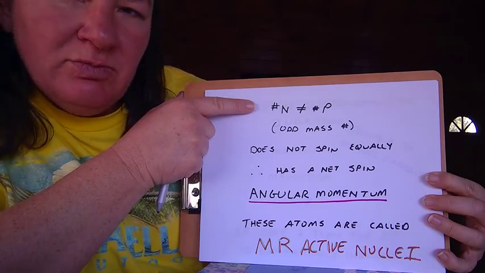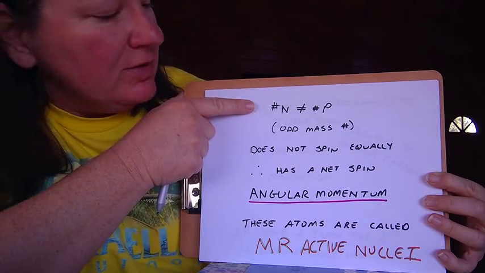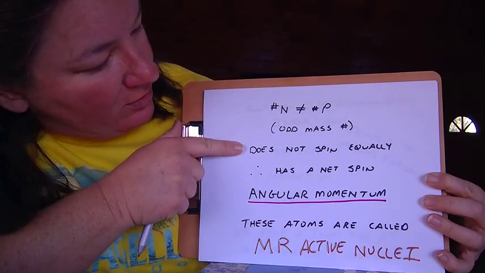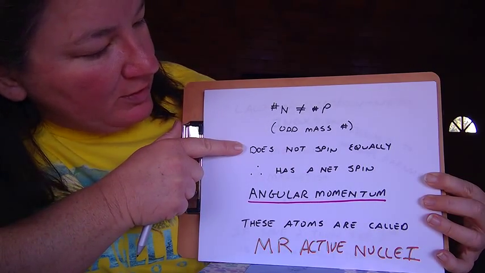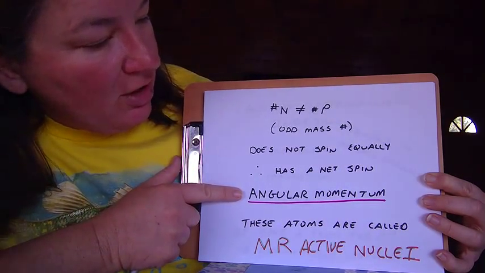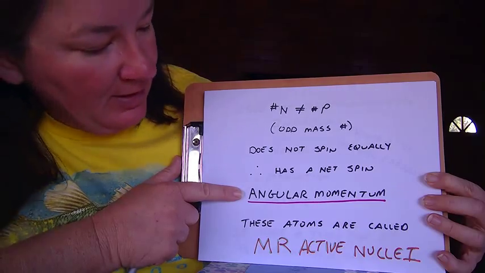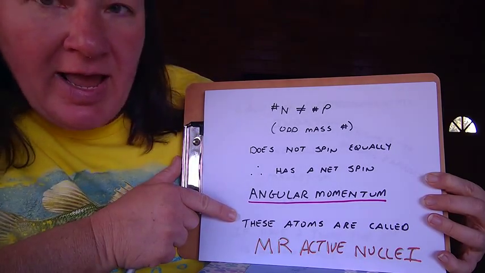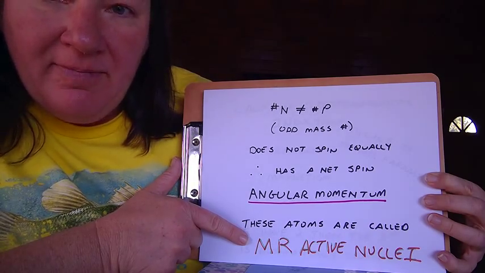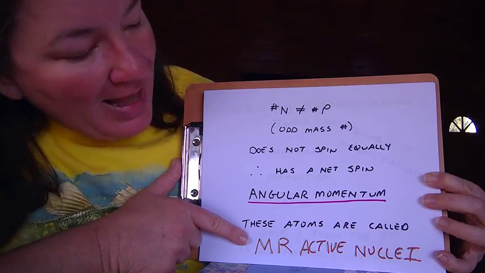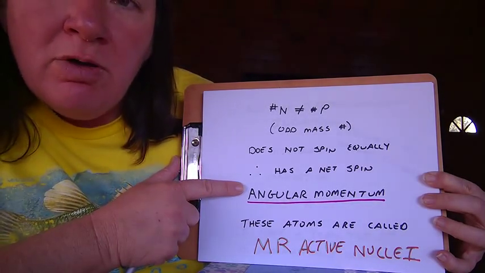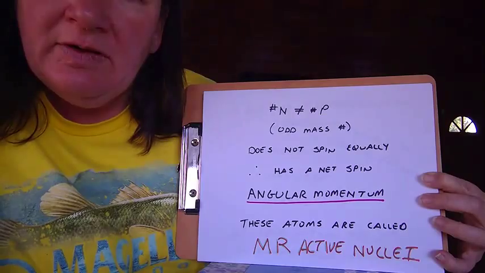One spins one direction, one spins another direction, and they cancel out. When they don't, because they're unequal, they do not spin equally and have a net spin one way or the other, which is called angular momentum. Now, these particular atoms are what we use in MRI, and they're called MR active nuclei because they have this angular momentum or spin.